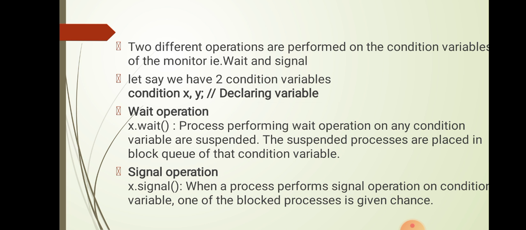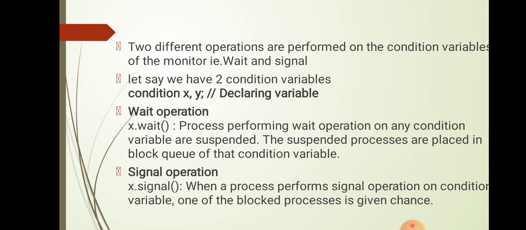Let's say we have two condition variables x and y. Whichever condition you are writing, that condition you need to mention while declaring the variable. Now what is wait? We have already studied it.